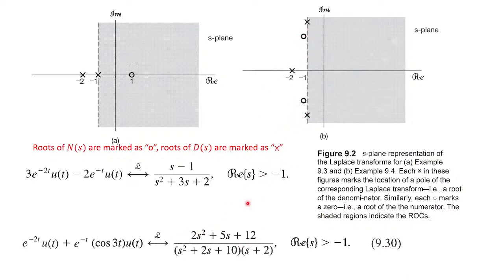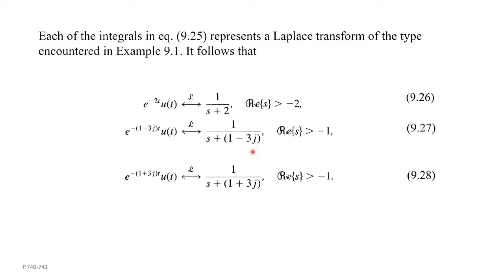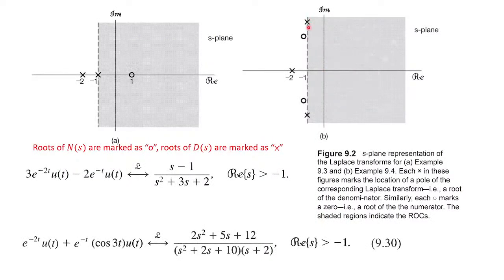The roots of the denominator are -2 and -1 plus 3j, -1 minus 3j. And you see the region of convergence is everything to the right of those poles, real s bigger than -1.